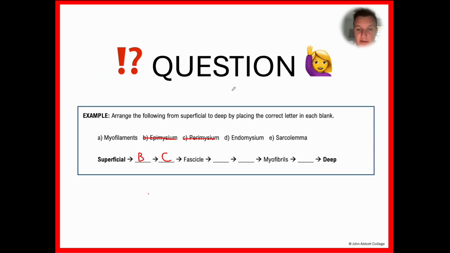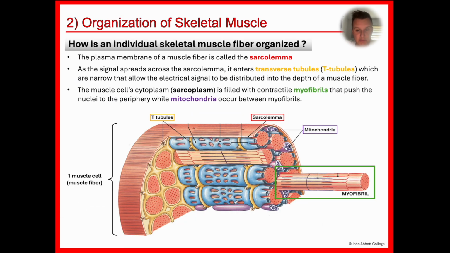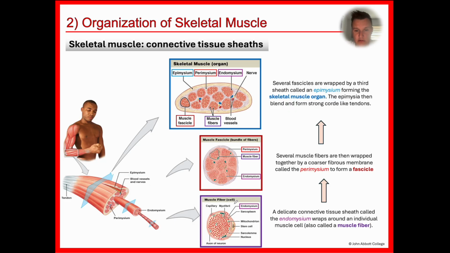So I'm going to put after the fascicles, you have this endomysium, that's D. And then, now that we have this endomysium wrapping, let me show you right over here. You have all of this endomysium wrapping around, right?